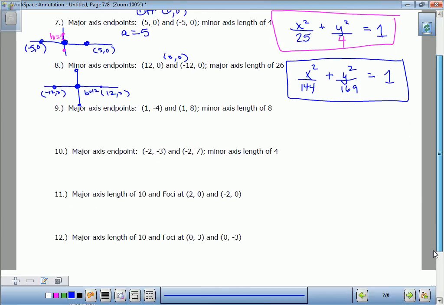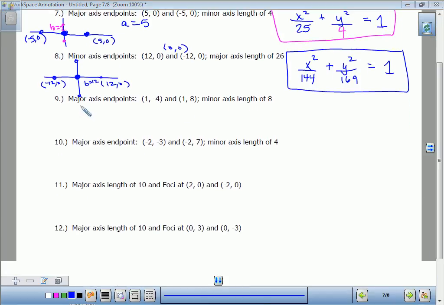Okay, the next one just gets shifted slightly off of the origin. The center is not at the origin. So let's sketch it. Okay, major axis endpoints at 1, negative 4 and 1, 8. So this is 1, negative 4 and 1, 8.